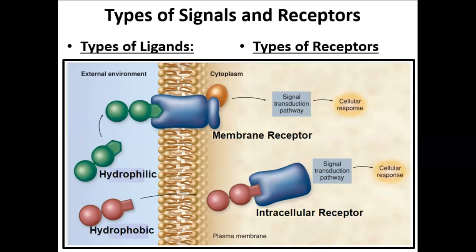Okay, so the two types of ligands are based on whether they like water or not, meaning whether the compound is polar or not. So one type of ligand is hydrophilic, polar, and the other type of ligand is hydrophobic, or nonpolar.